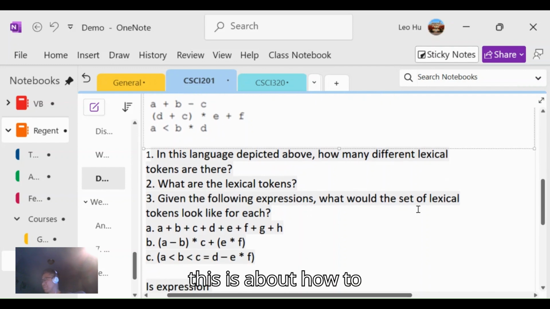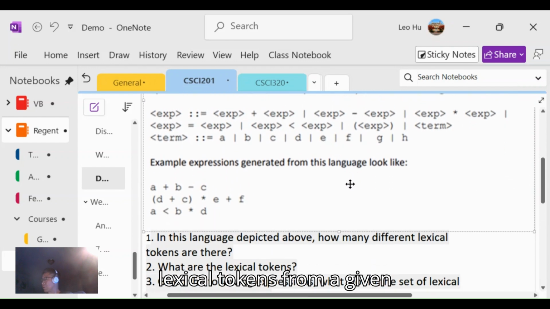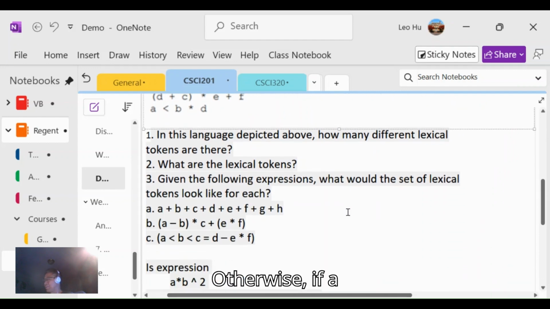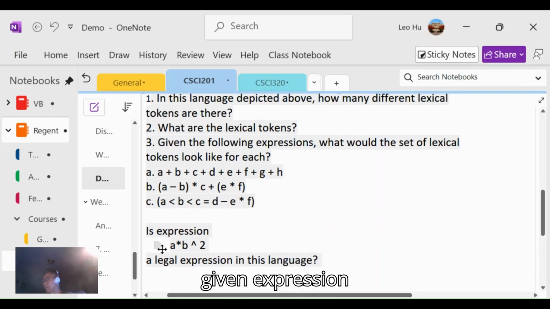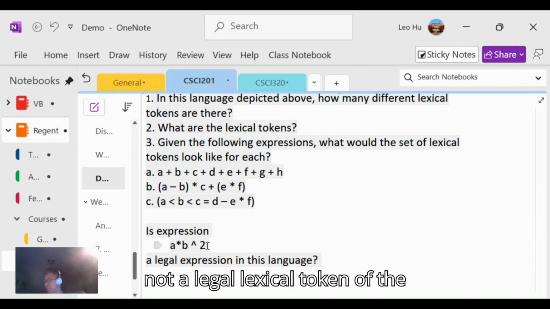Okay. So this is about how to identify the lexical tokens from given expressions. You need to compare against the definition to identify the operators, the terms, and punctuations. Otherwise, if a given expression has some symbol not defined in the definition, then it's not a legal lexical token of the language.